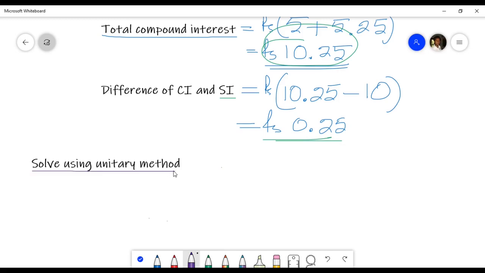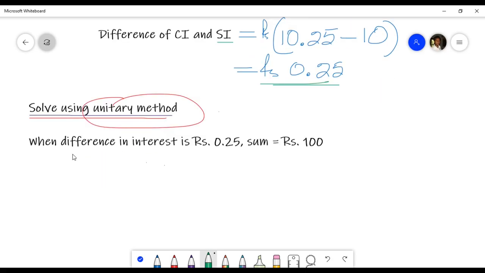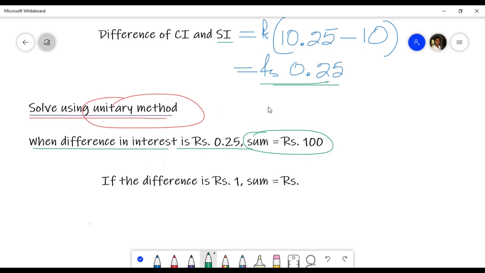Now further we will solve using the unitary method. I'm sure that you have learned about unitary method before or in your classes. So let us solve using unitary method. When difference in interest is 25 paise, when is it 25 paise? When we take sum as rupees 100.